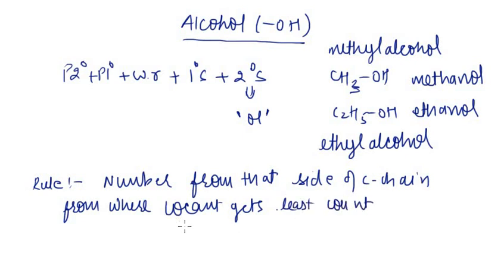Which locant? OH. The OH location gets the least count. That's how we name them, right?